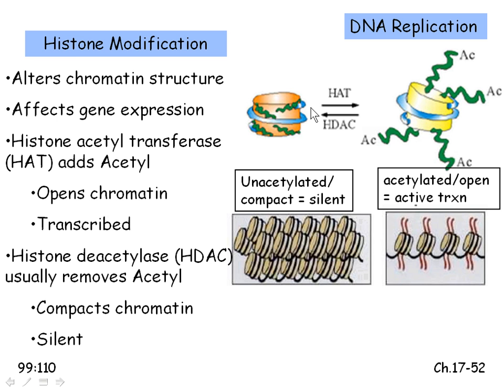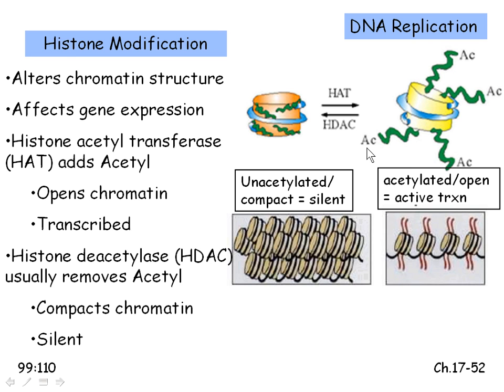So here we have tightly compacted DNA with unmodified histone tails in green. When the histone acetyltransferase, HAT, adds acetyl groups onto the lysines, basically the acetyl groups kind of help to separate it all. You might imagine that the DNA is not quite so tightly wrapped around the histones as a result, and thus RNA polymerase can come in and transcribe the DNA.